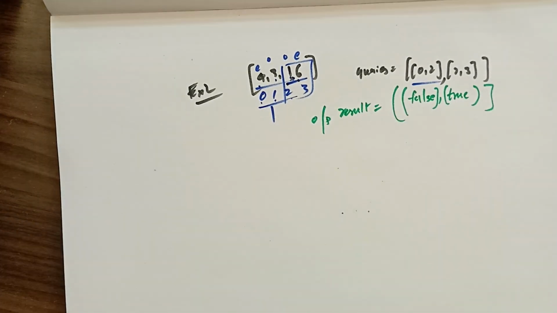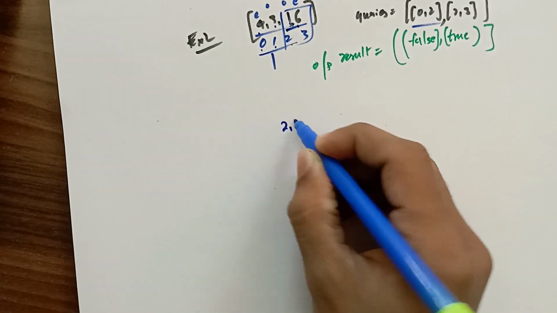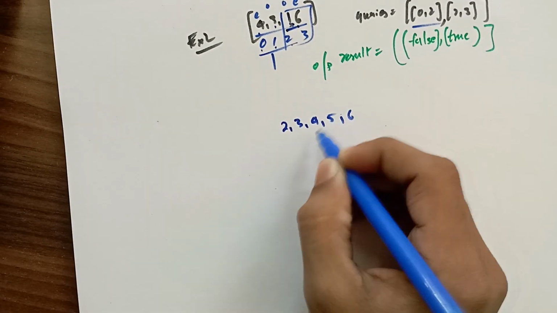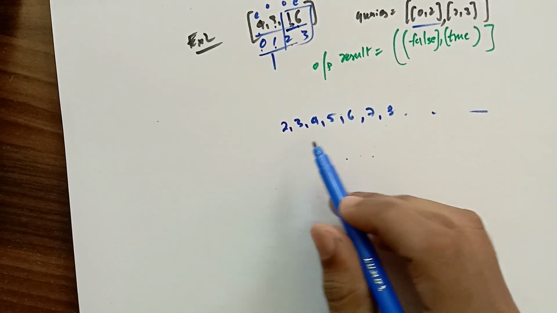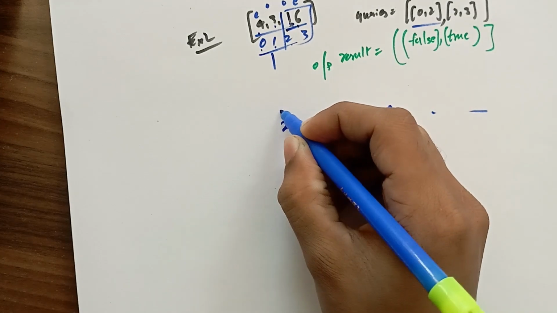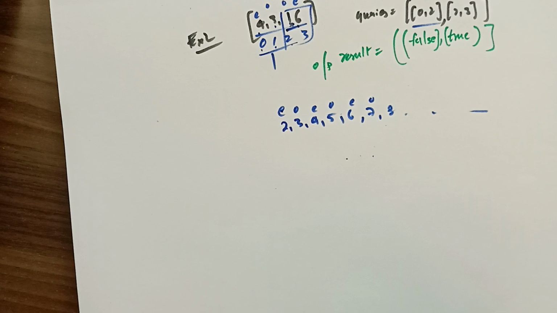As I said, consider the consecutive numbers 2, 3, 4, 5, 6, 7, 8, which are even, odd, even, odd, even, odd.